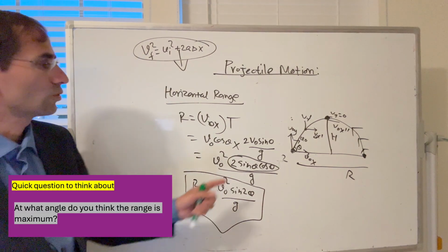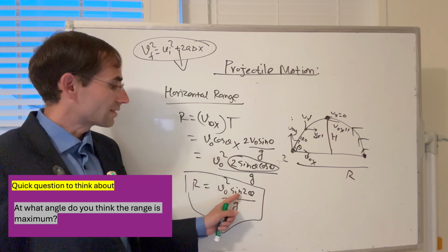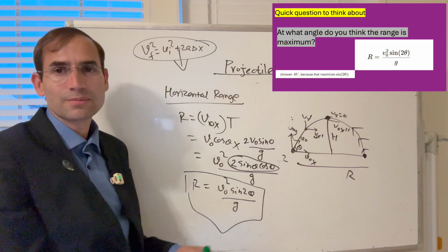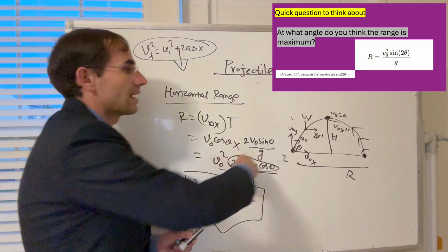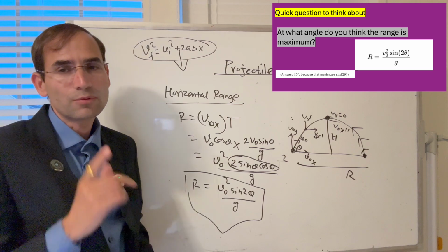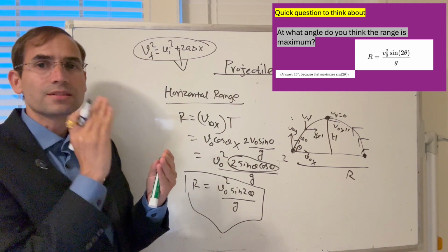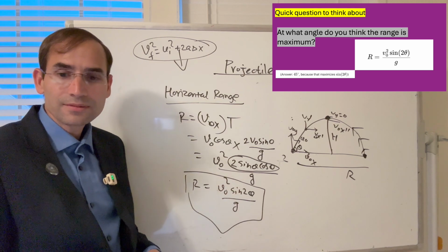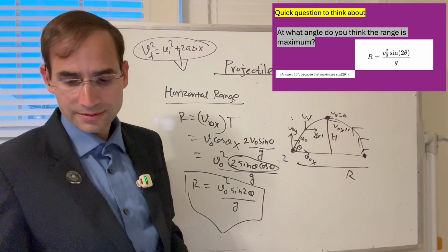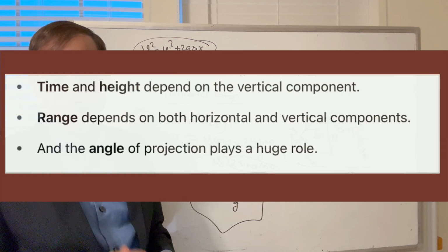If you want to fire the projectile at 45 degrees, then sine 2 theta becomes sine 90, and you will get the maximum horizontal length. If you want to fire the projectile so it lands far away from the launching pad, you have to project at a 45 degree angle. That is a very important thing. Let's take a step back and notice that time and height depend on the vertical component.